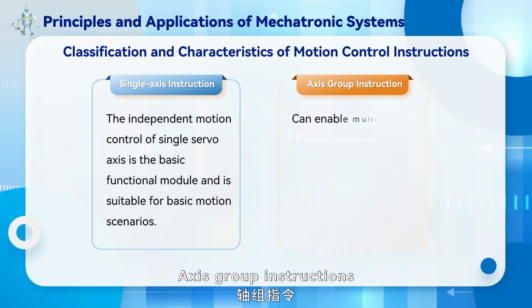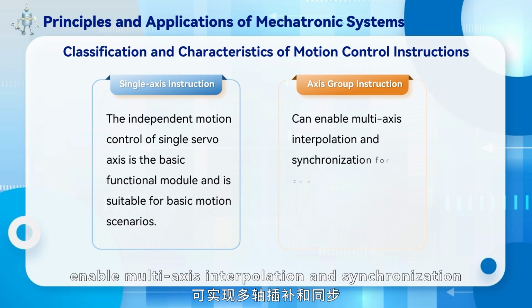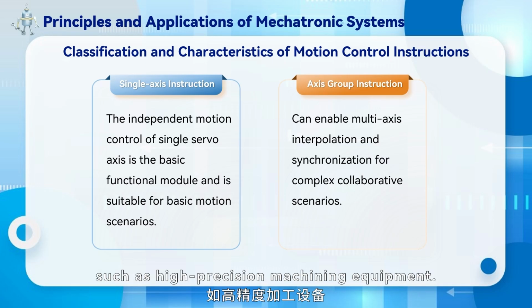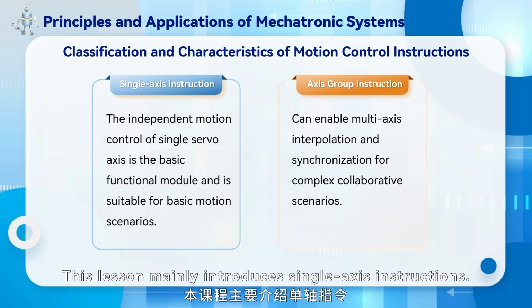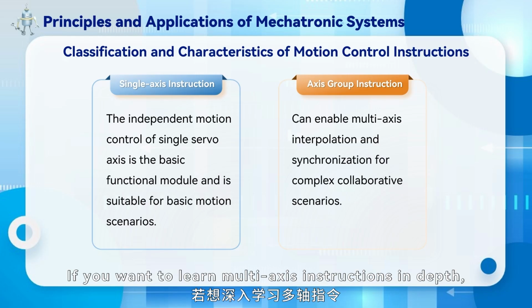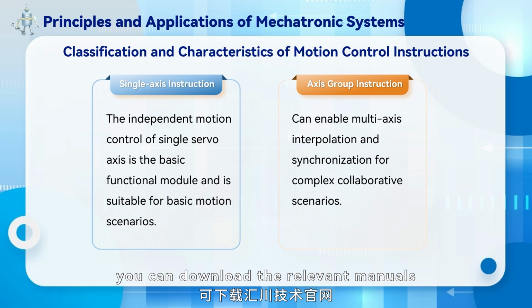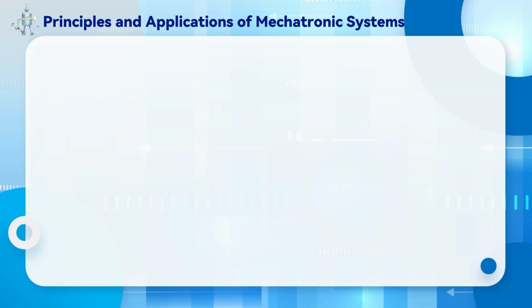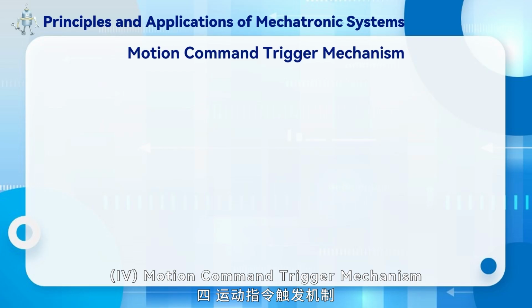Axis group instructions enable multi-axis interpolation and synchronization for complex collaborative scenarios, such as high-precision machining equipment. This lesson mainly introduces single-axis instructions. If you want to learn multi-axis instructions in depth, you can download the relevant manuals from the official website of Innovance Technology.